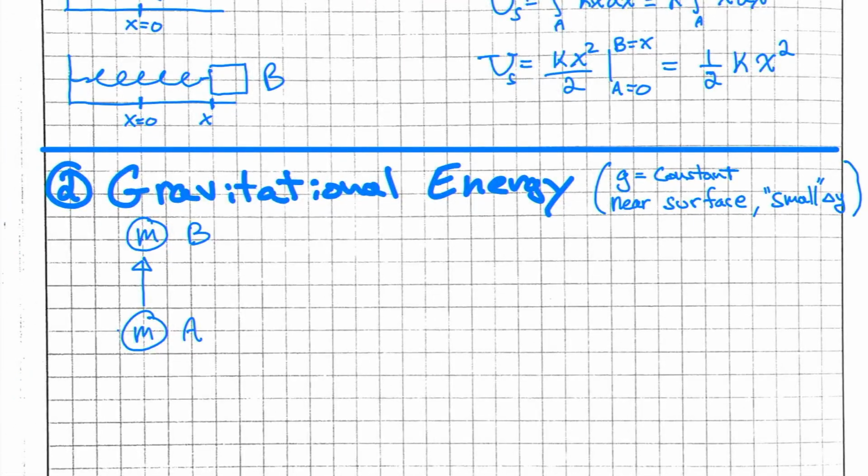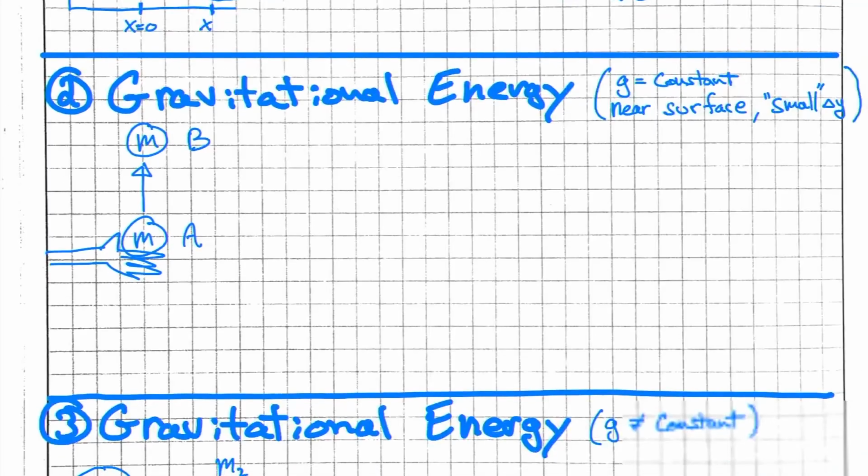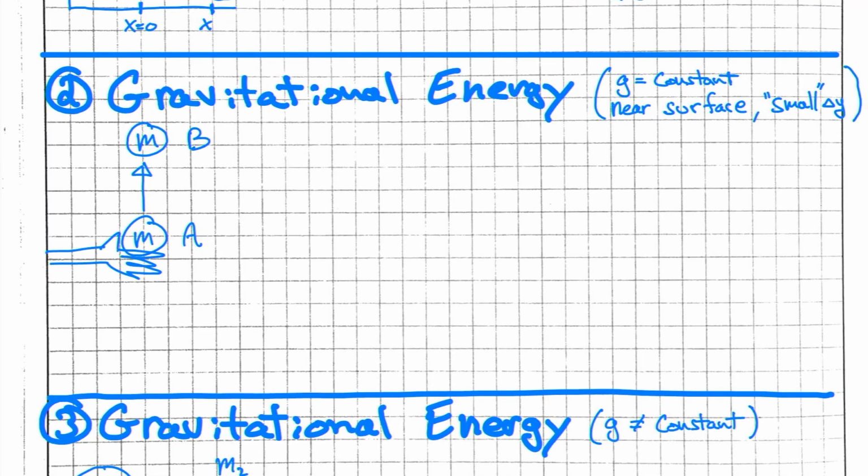So, what is this going to look like for us? Well, we're going to start with a mass at position A, and this time I'm going to have a hand move this up to position B. So someone's going to lift this mass up. And we're going to look at this in two different ways.